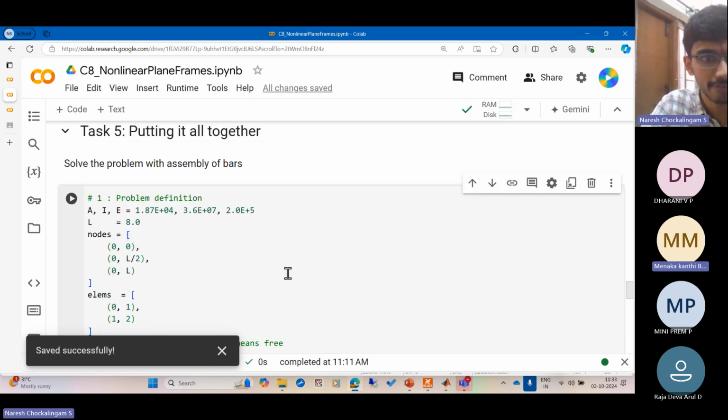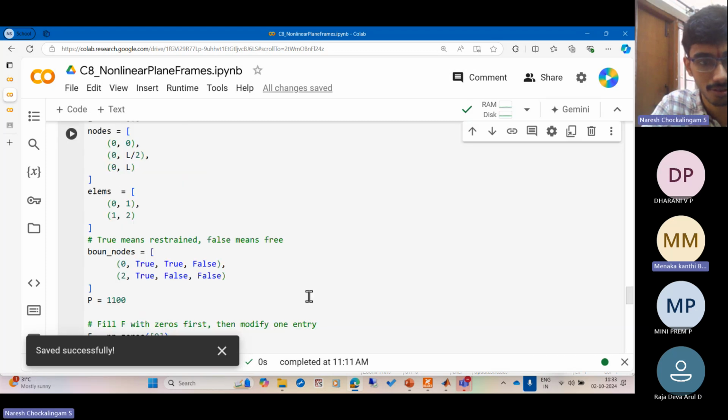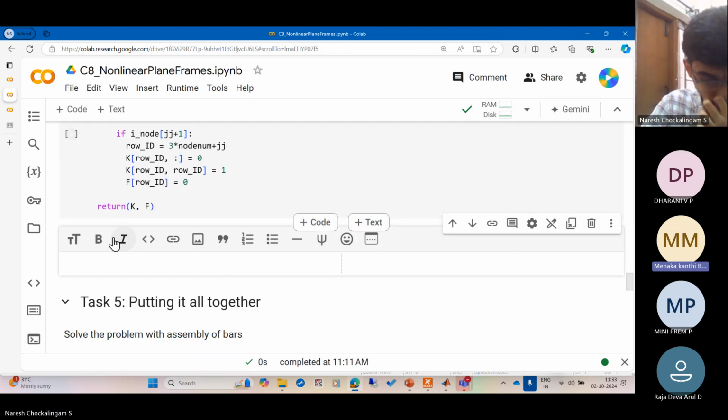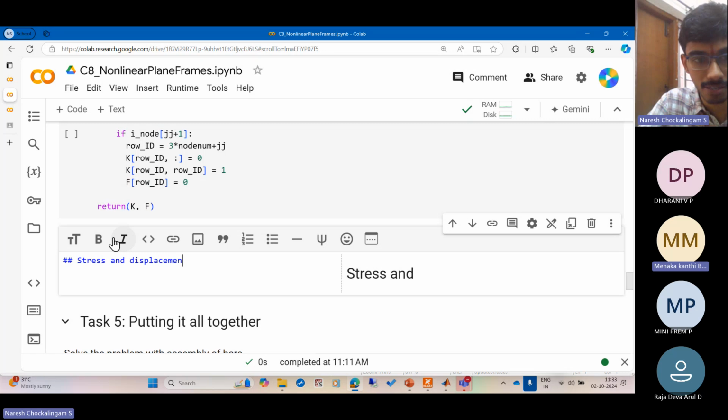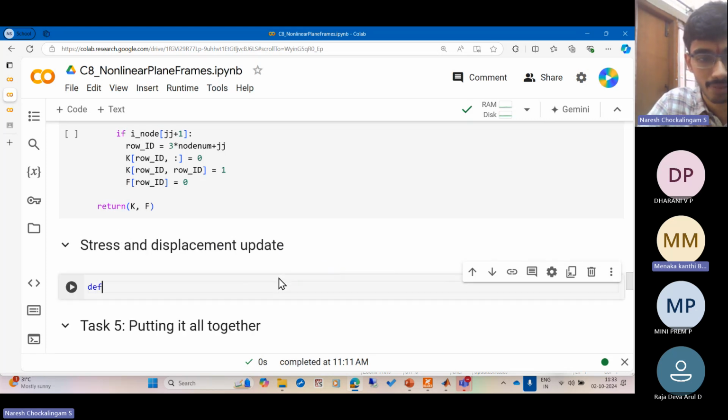Now let us write this update function so that will finally complete our code. I can also put it here. So this is stress and displacement update. So here I'll have a function called update.